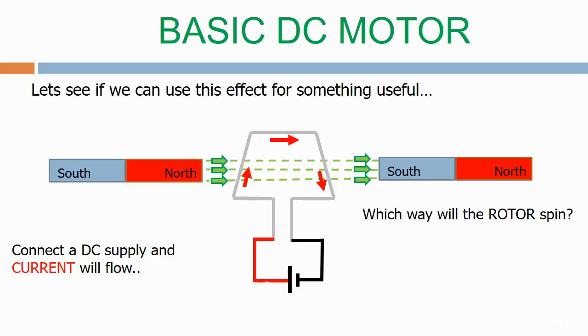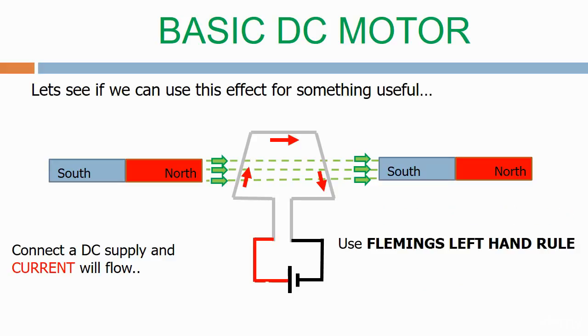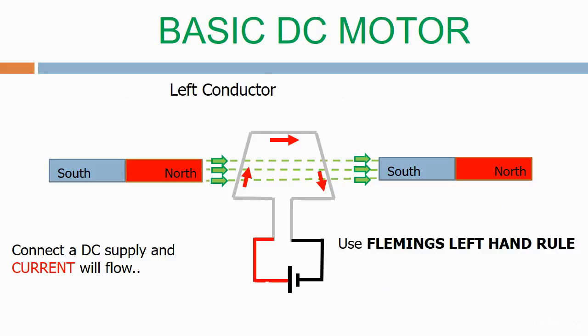Which way will the rotor spin? Use Fleming's left-hand rule. First, we label the left-hand side of the rotor the left conductor and the right-hand side of the rotor the right conductor.